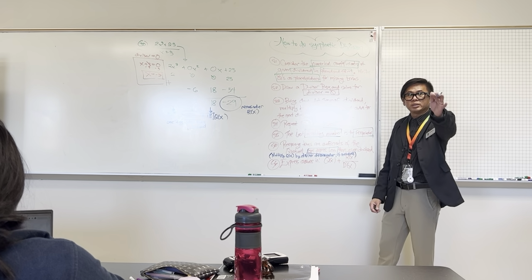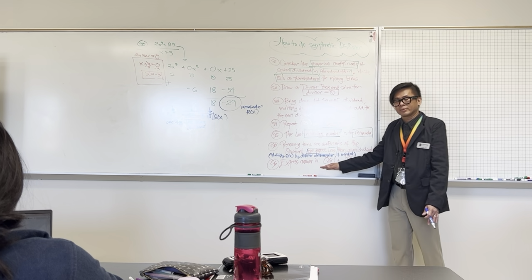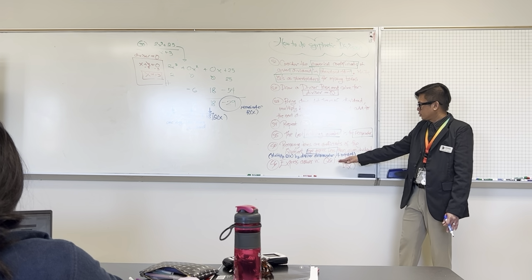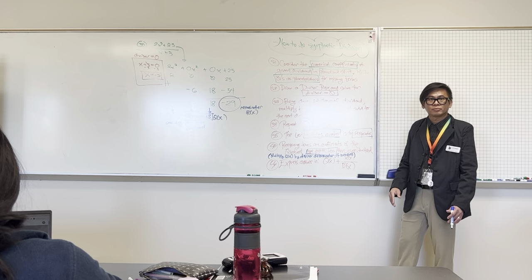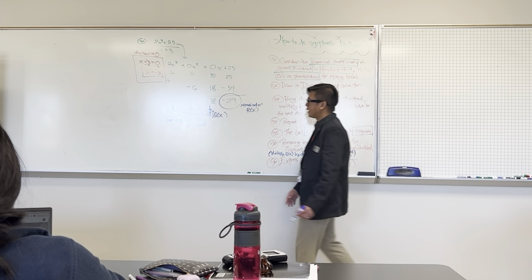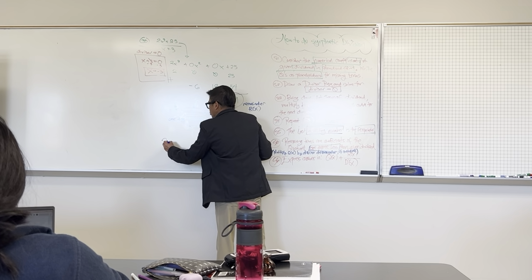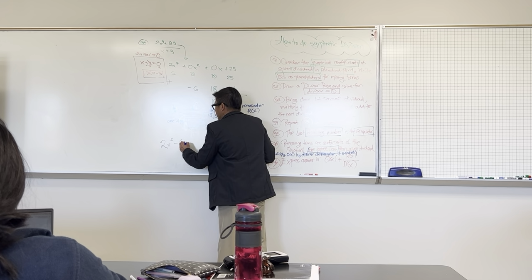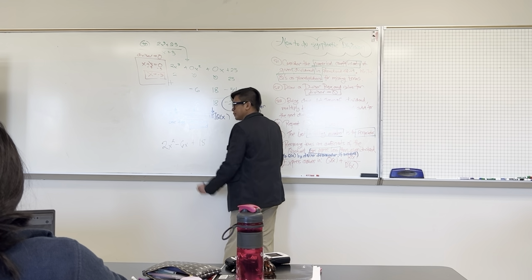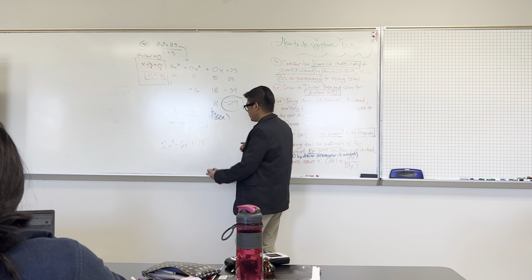Last step, number 6. Let's read that step. Jaden, go ahead. Express answer in Q(x) plus R(x) over D(x). Thank you. So what's the answer? 2x squared minus 6x plus 18. That's the quotient.